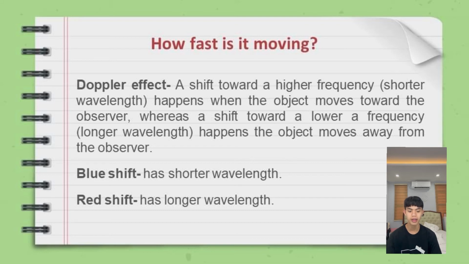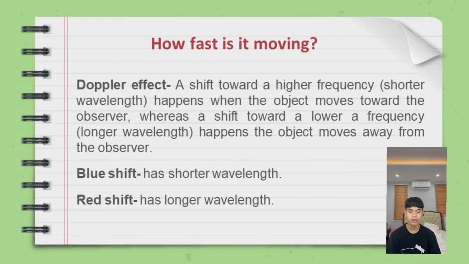So let's move to slide 9. Electromagnetic waves can undergo a Doppler shift when emitted by objects moving toward or away from an observer. The faster the object travels, the greater the Doppler shift is. A shift toward a higher frequency happens when the object moves toward the observer, whereas a shift toward a lower frequency happens when the object moves away from the observer.